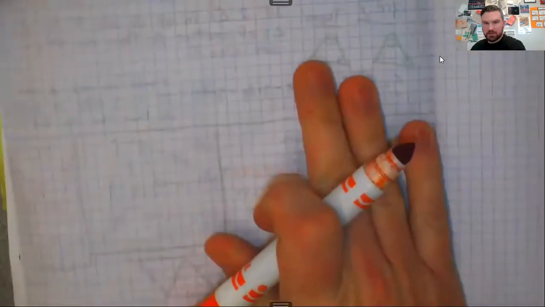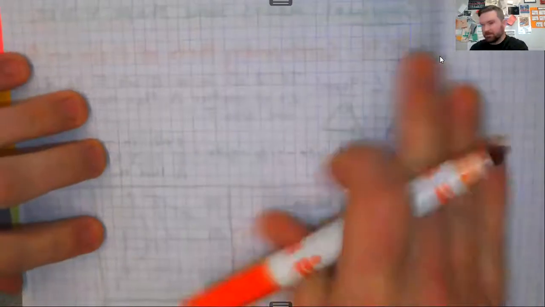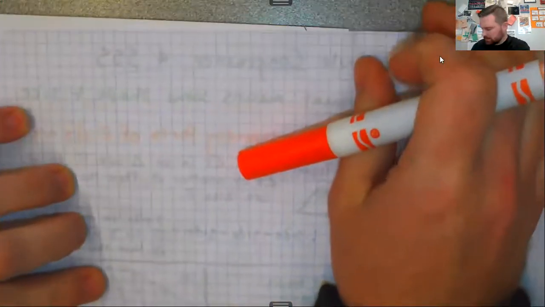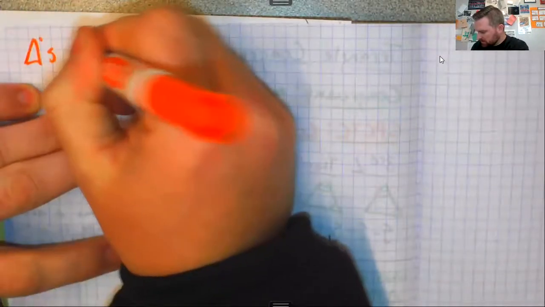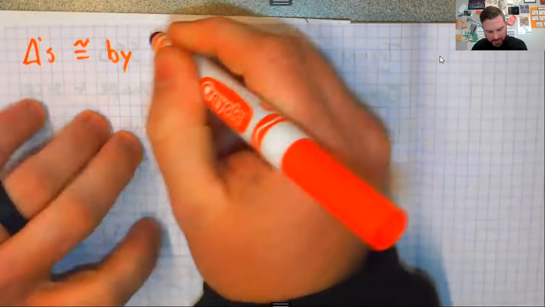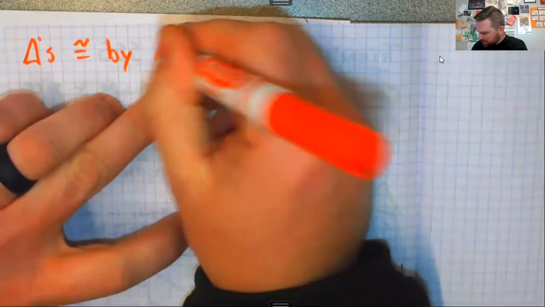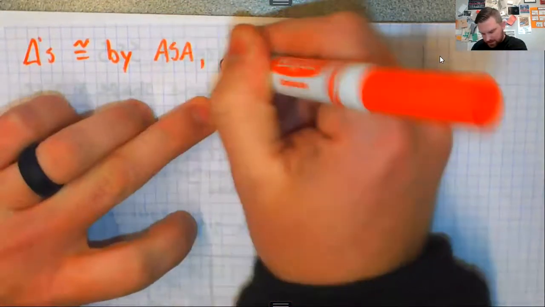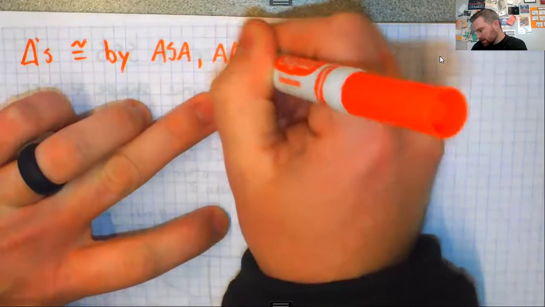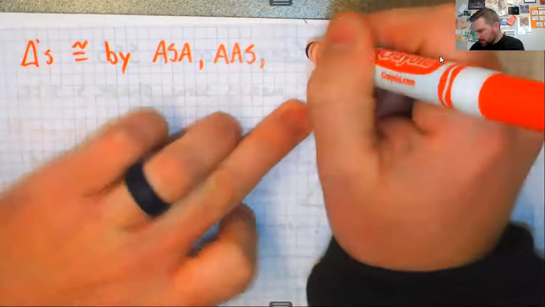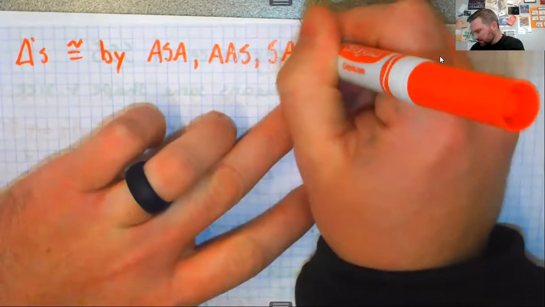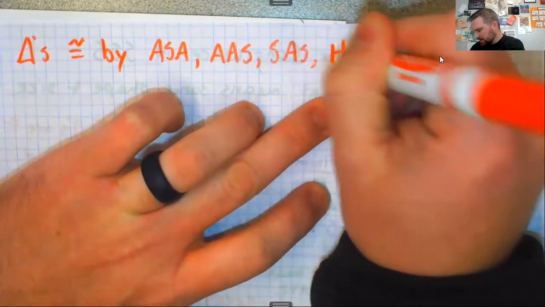And we're going to title each page the same. So here on page 56, we'll say triangles congruent by, and we're going to look at ASA, AAS, SAS, and HL.